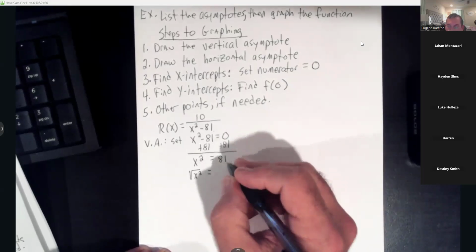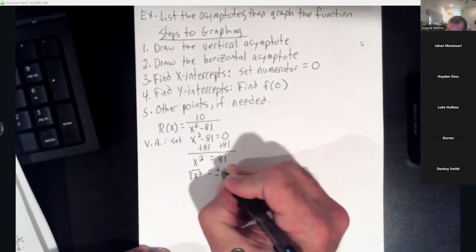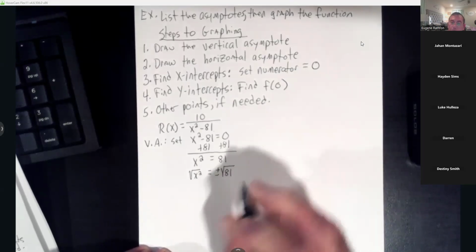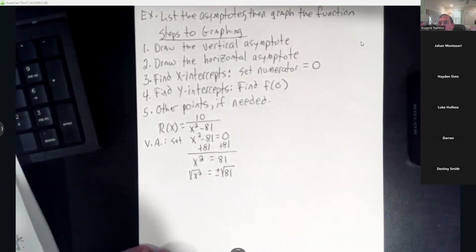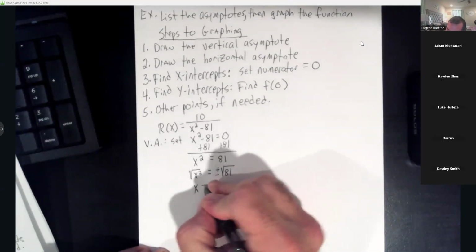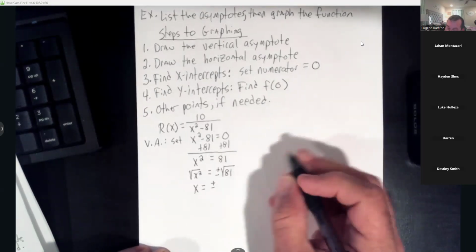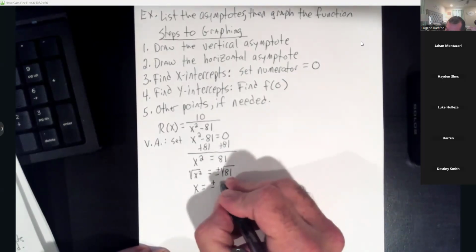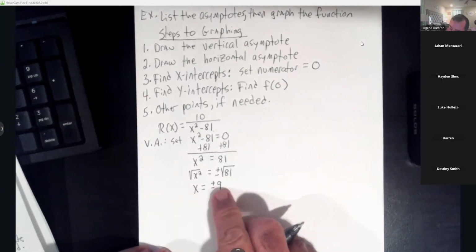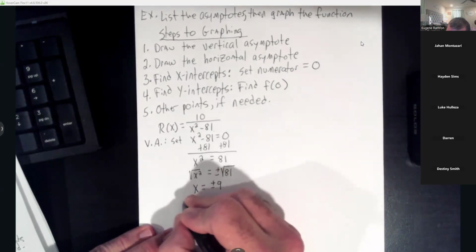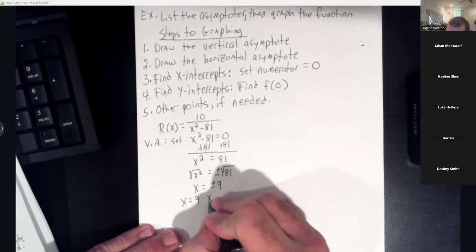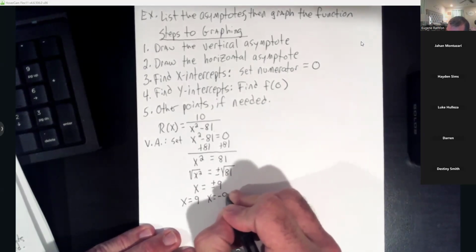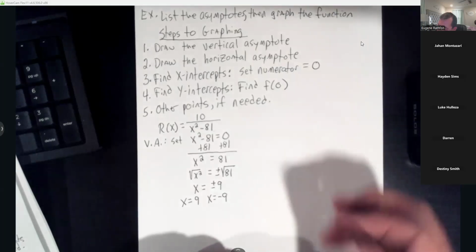Now remember, since I'm taking the square root of a number, I'm going to use my plus or minus. Since that's an x squared, that 2 is telling me I got to get two answers, okay? So then I get x equals plus or minus square root of 81, which is 9. So that means my asymptotes that are vertical will be at x equals positive 9 and x equals negative 9.